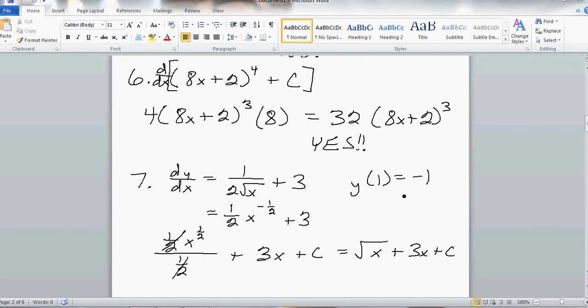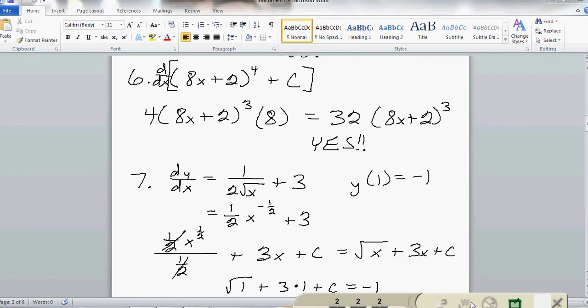But now we're told that y of 1 equals -1, so I should be able to plug in 1 here and set it equal to -1. If I do that, I get square root of 1 plus 3 times 1 plus c has to equal -1.